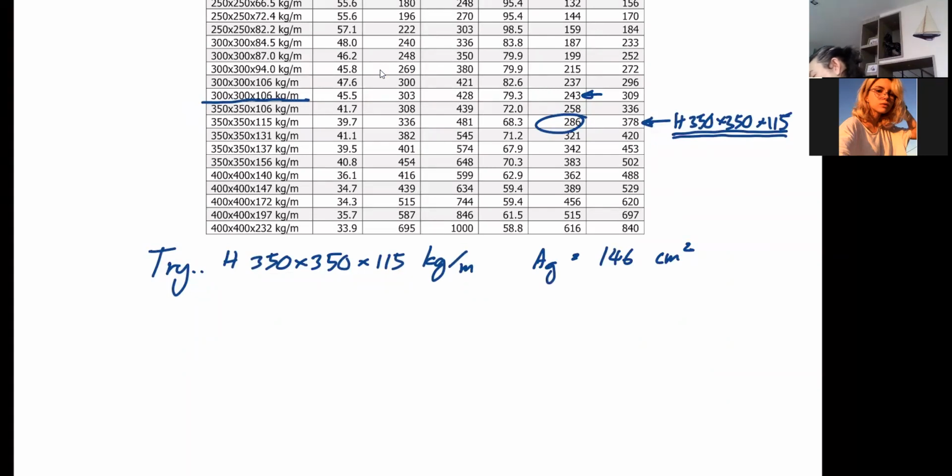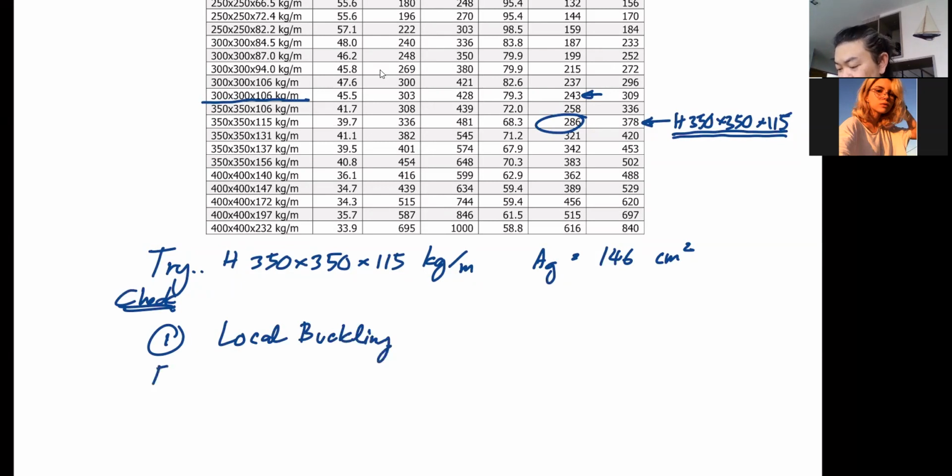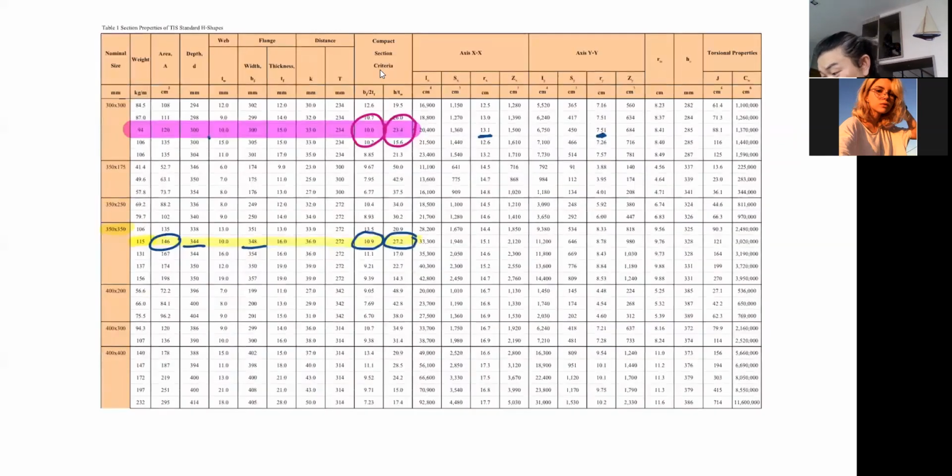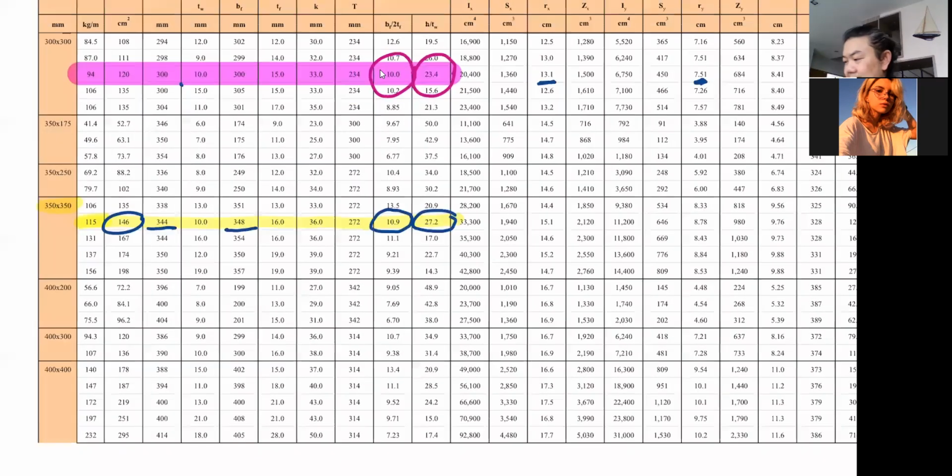So we got the section, we need to perform the check, right? Step number 1 is local buckling. For the flange, it's BF over 2 and then divided by TF. You can get this number by doing the calculation yourself, or from the table here, which is 10.9.